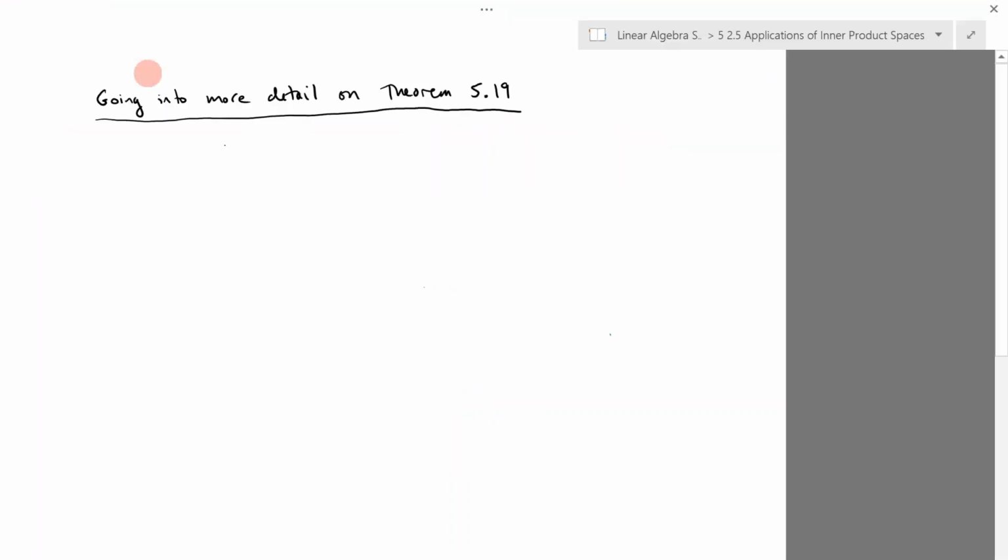Okay, so suppose V is a vector space. And so let's simplify things a little bit and think of W as a one-dimensional subspace. Okay, so the problem is the least squares problem, right?